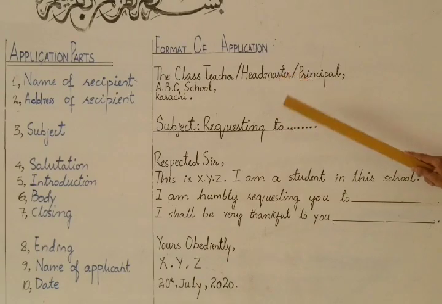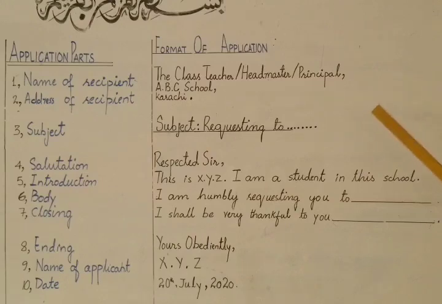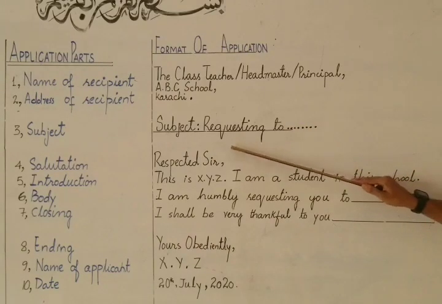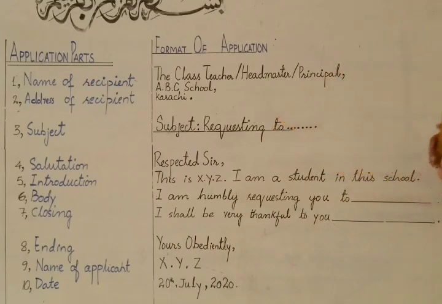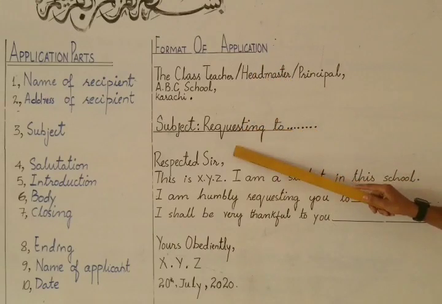Then subject requesting to, whatever the subject you have and whatever you want to request, you will add here. After the subject, you will again skip a line. My dear students, remember this, you will skip a line before the subject and after the subject.